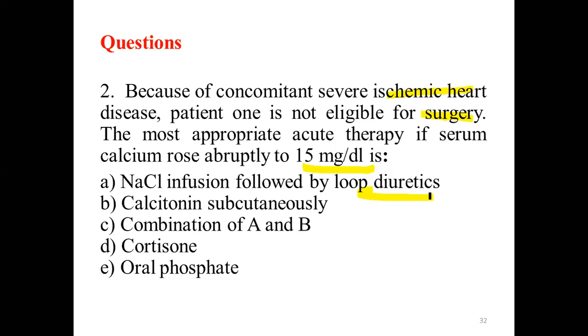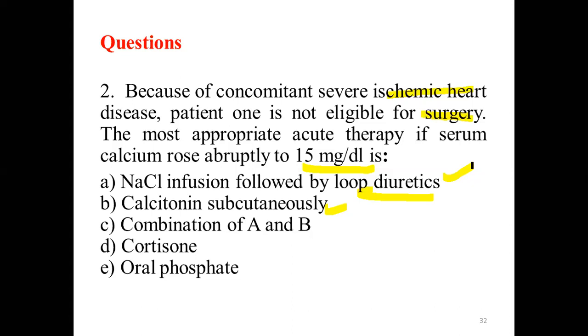Calcitonin. Okay, calcitonin can be an option, yes. So what about the role of sodium chloride infusion with loop diuretics? Yes, the answer is that it can be both, by the way.